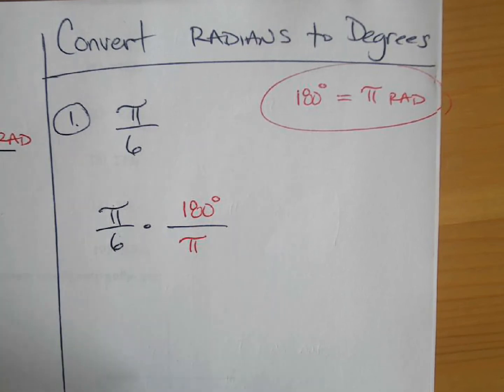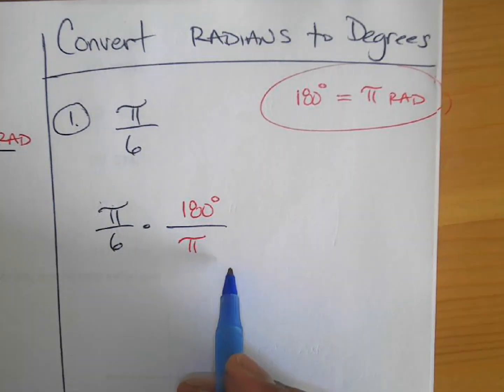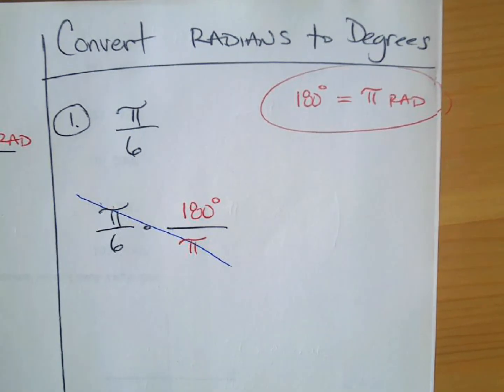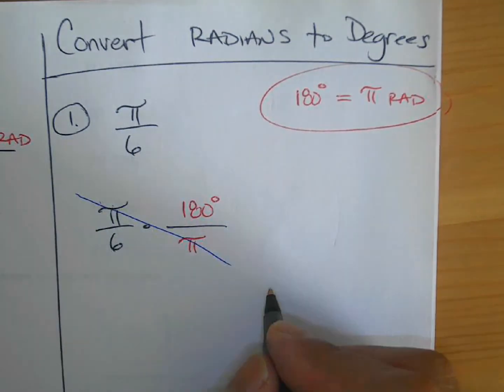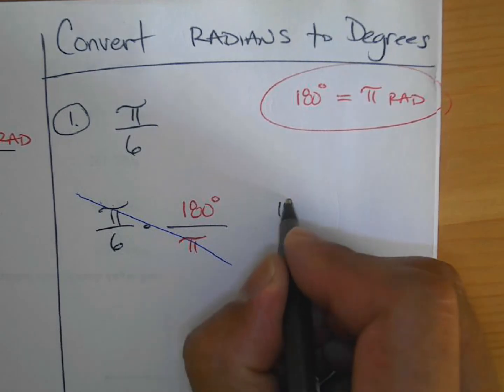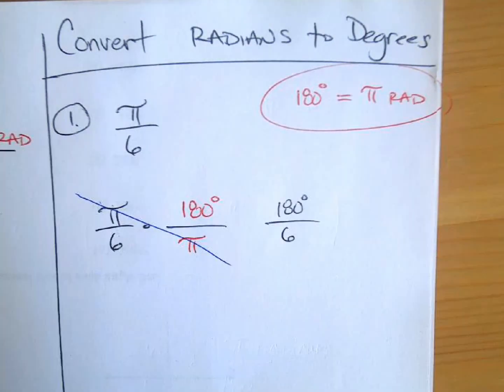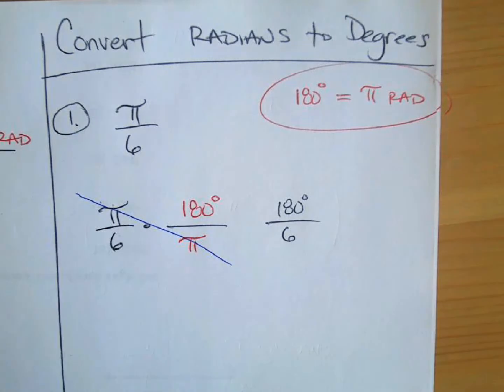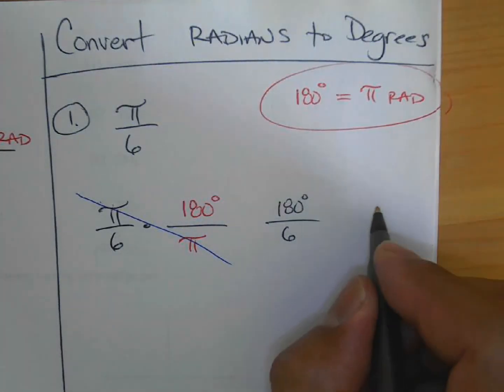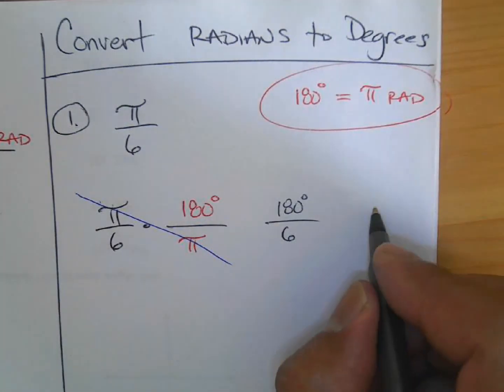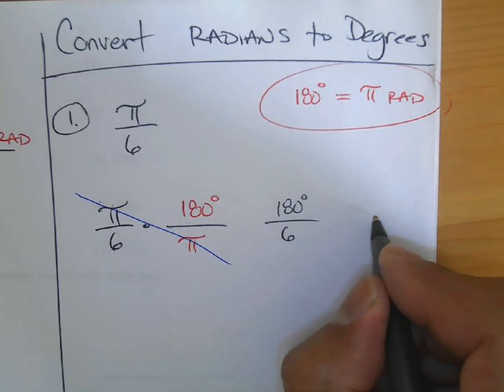Then very simply, what's going to happen? Well, the pi's will cancel out. You're left with 180 degrees divided by 6. You will have 30 degrees.